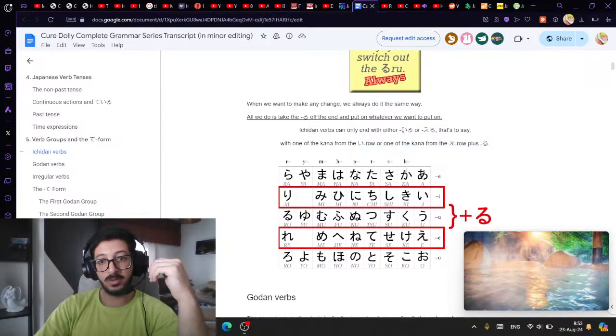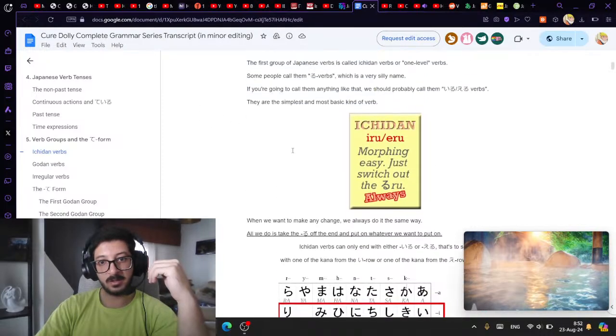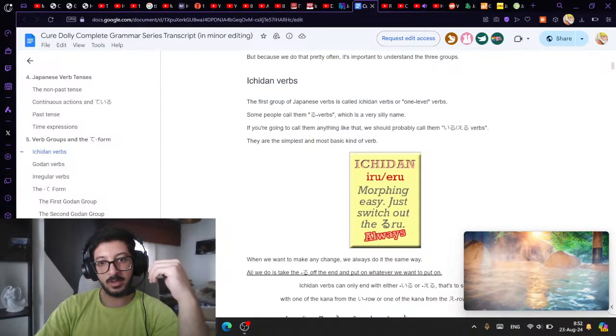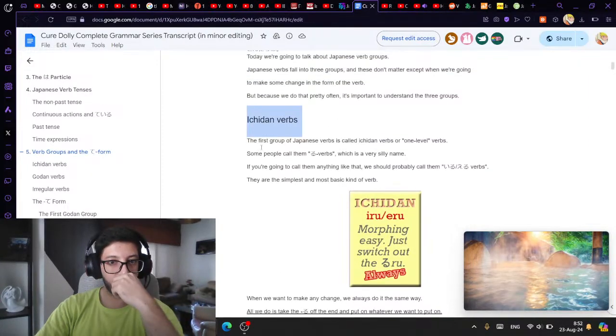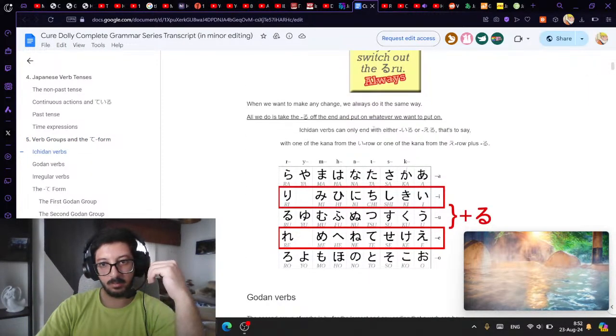So it's one of the I row or one of the E row plus ru. That makes up the Ichidan verbs, the first group of verbs.